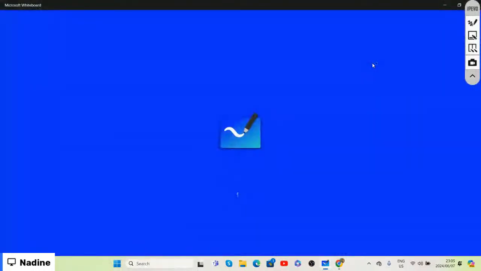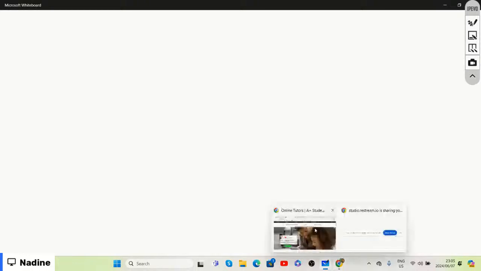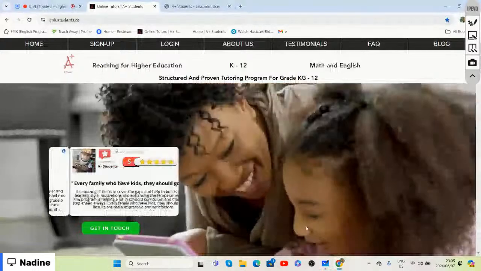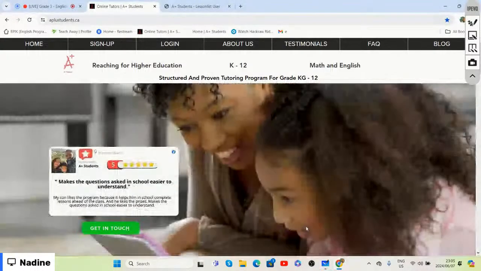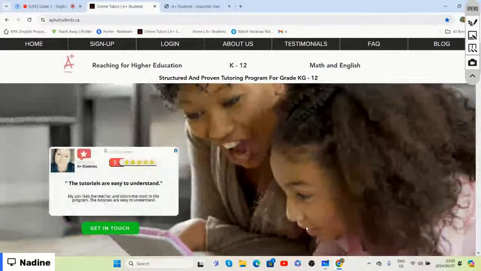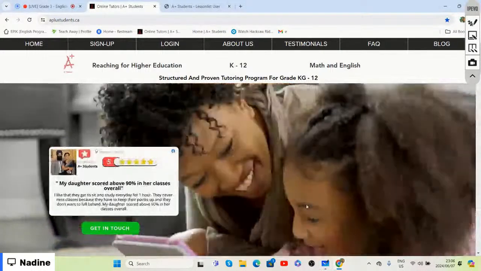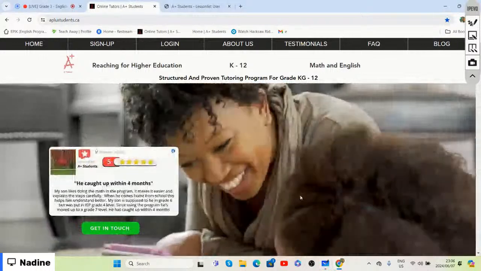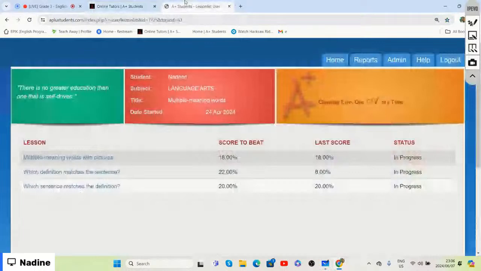Once we've logged on with our username as well as our password, we're going to select the subject of English Language Arts, grade 3, and then scroll down until we get to our chapter of multiple meaning words.